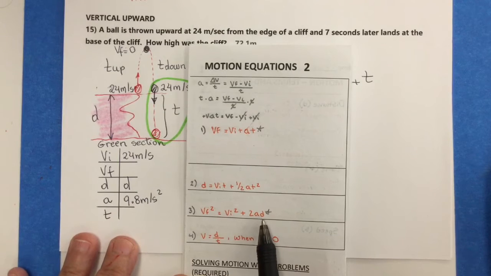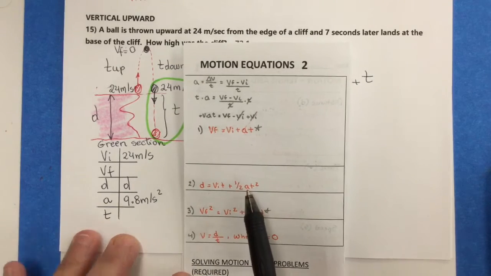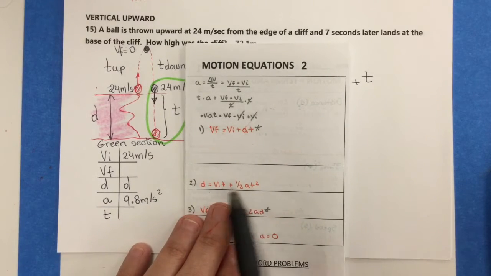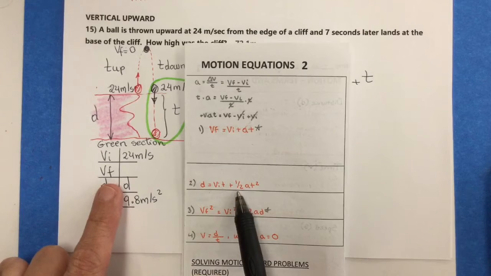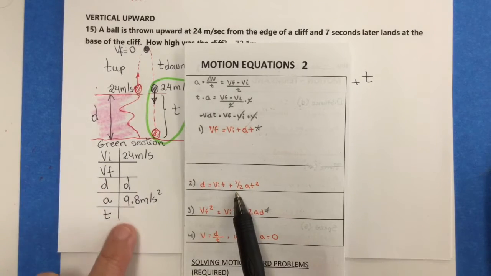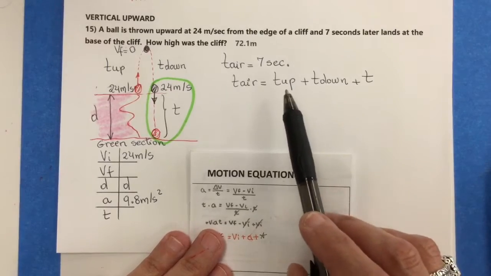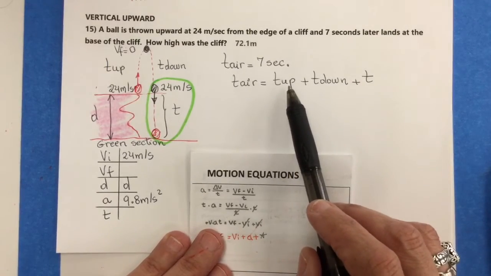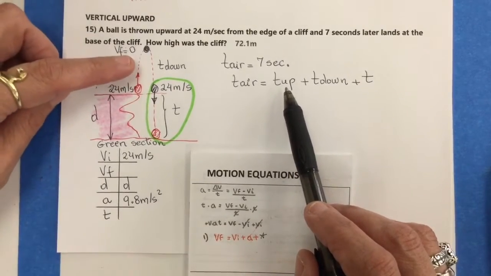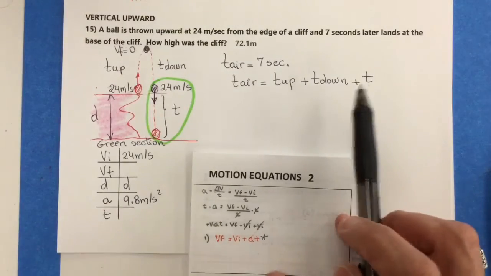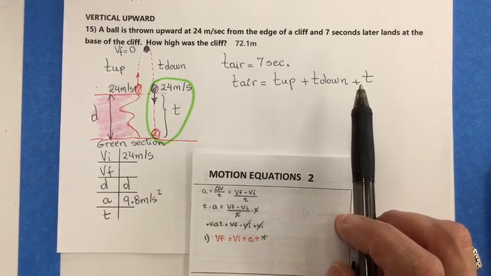So for the height of the cliff, we can use this equation here, but we don't have VF, or we can find T and use this equation here. There you go. So we need to find T. To find T, we need to find time up. When we find time up, it is equal to time down, and we can find T and solve the problem.